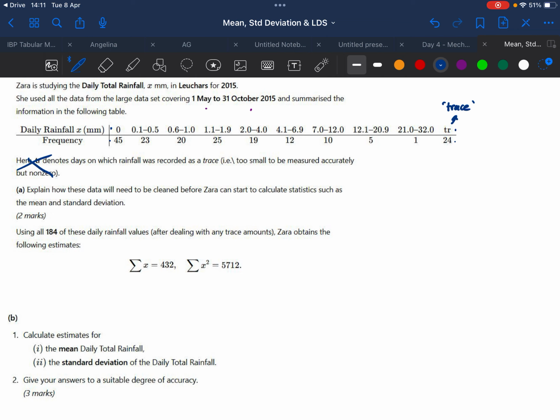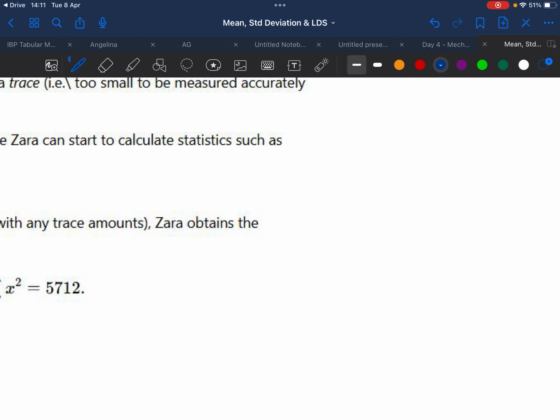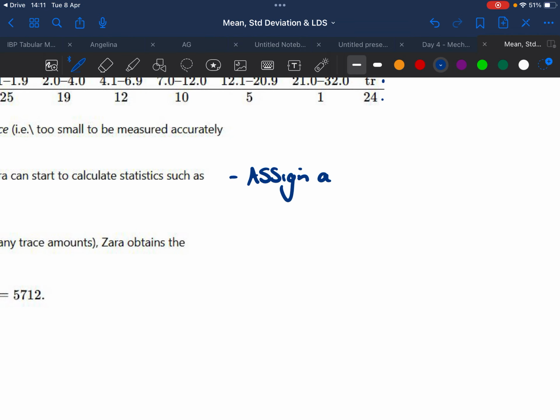So, explain how these data will need to be cleaned before Zara can start to calculate statistics such as the mean and standard deviation. First, we want to say assign a numerical value. That's the first part of our answer. In other words, we don't just remove it or throw it away.